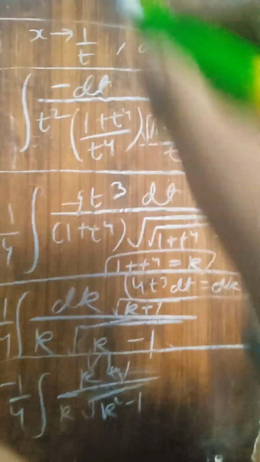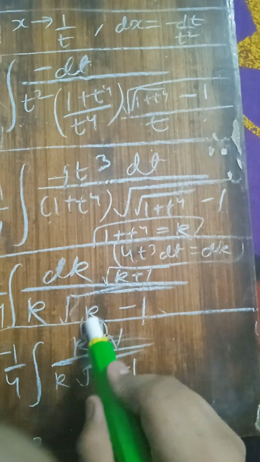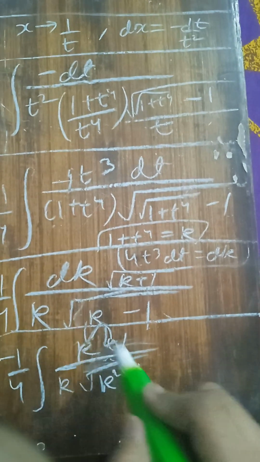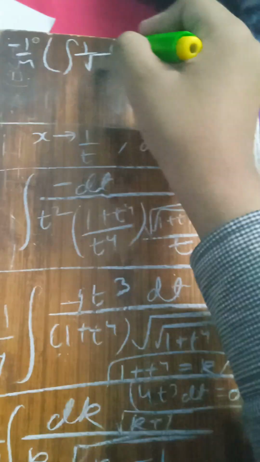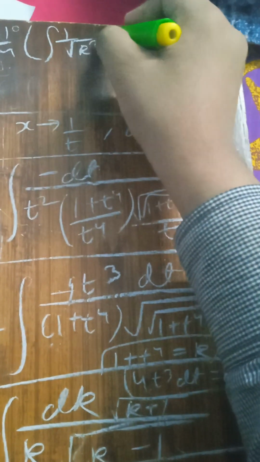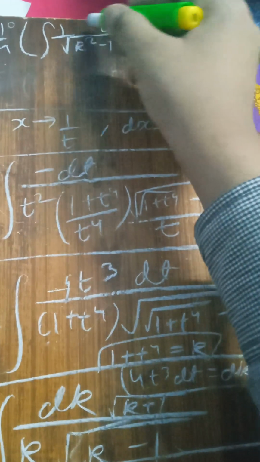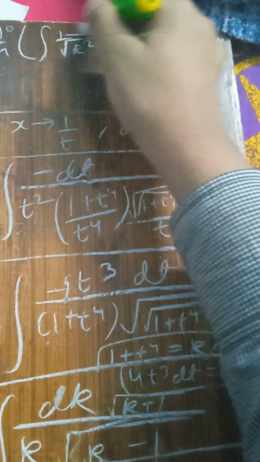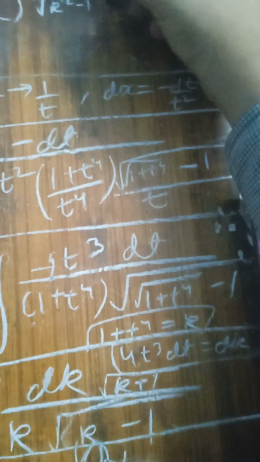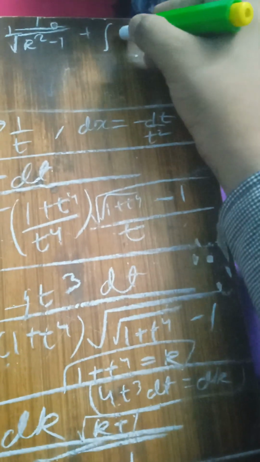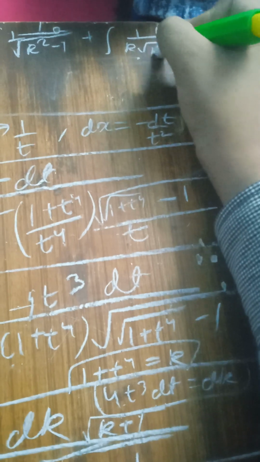Minus 1 by 4 comes out. I'm splitting it about the positive sign. Now it is the integral of 1 by root of k square minus 1, plus 1 by k root of k square minus 1.